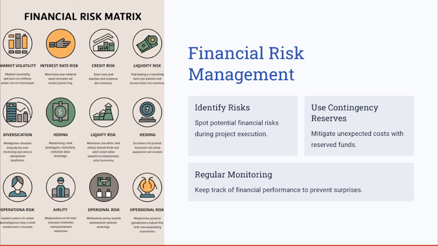In an event planning project, if unexpected venue costs have increased, these can be offset or resolved by using the contingency reserves. The regular monitoring ensures that the risks are addressed before they escalate, safeguarding the project's financial health.